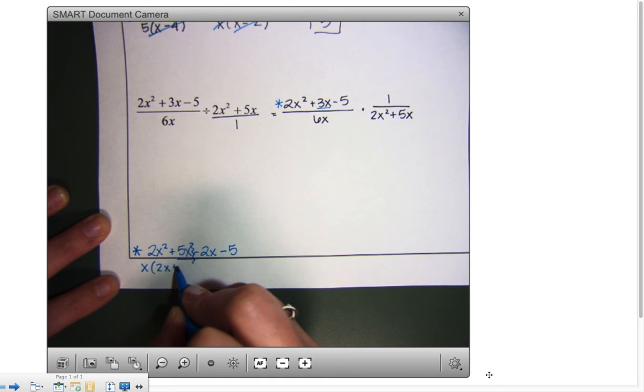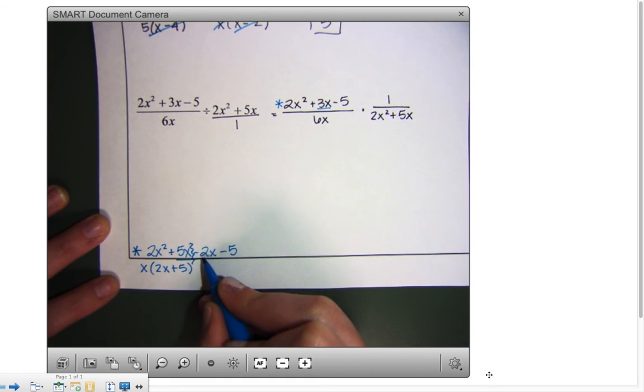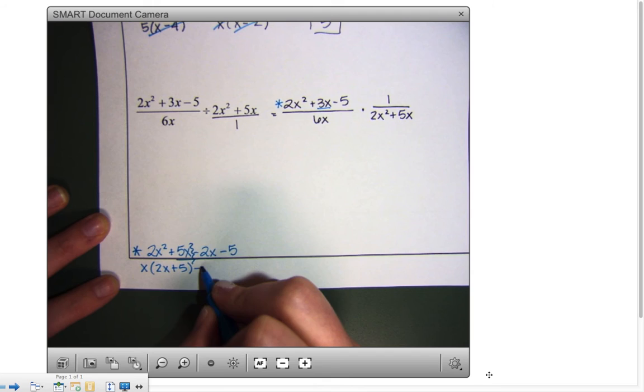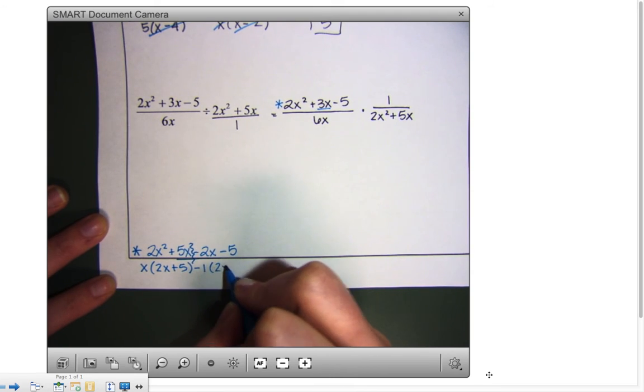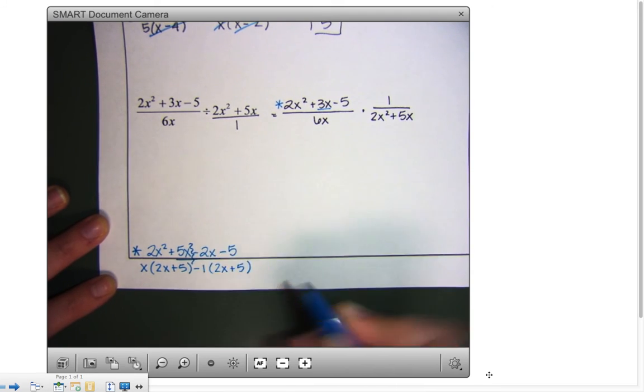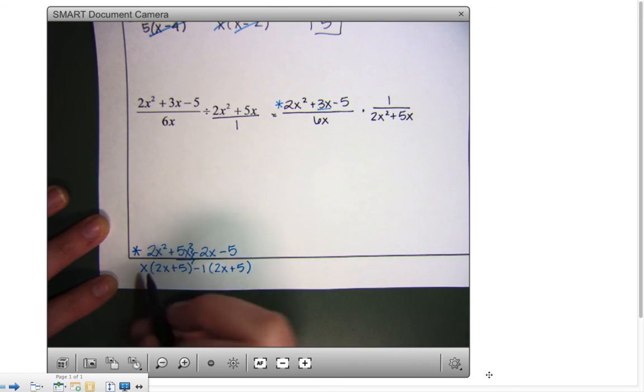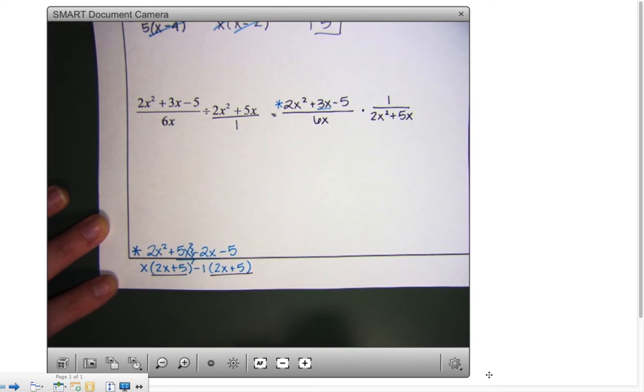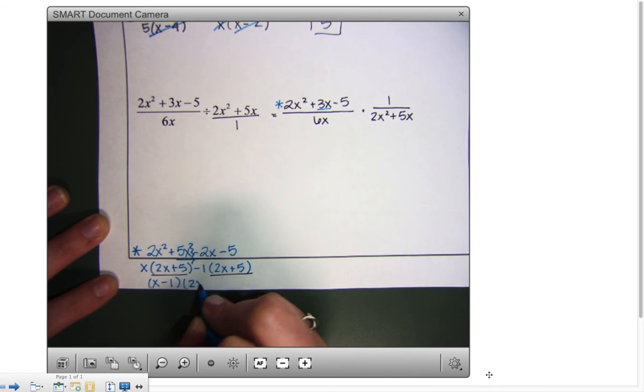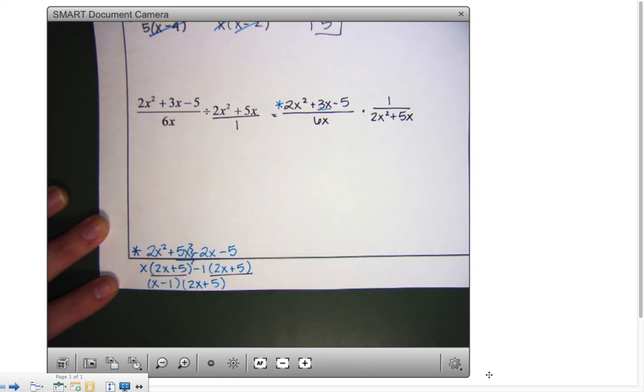We're left with 2x plus 5. Negative 2x minus 5 has a negative 1 in common. And we're left with 2x plus 5. Remember, you want the leftovers to be the same. So my 2 factors are x minus 1, that's what I pulled out, and the leftover 2x plus 5.